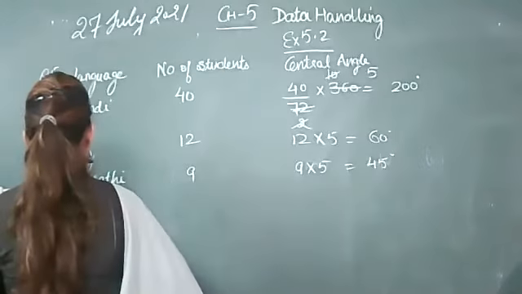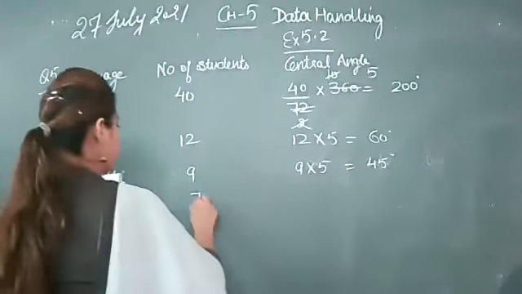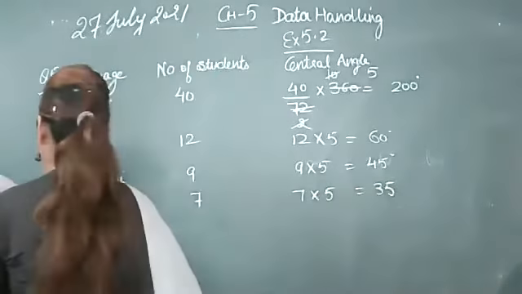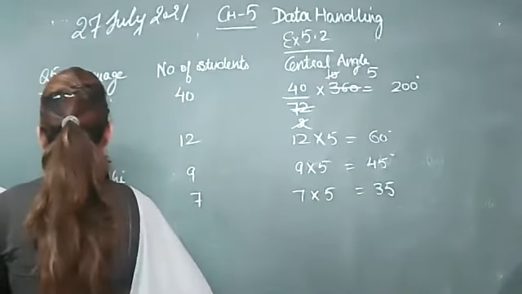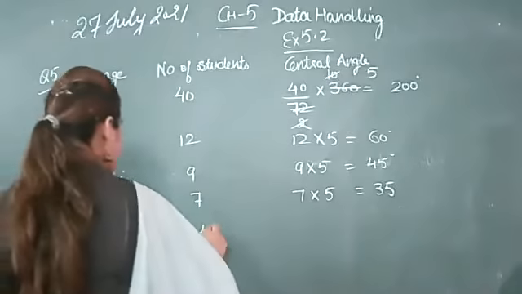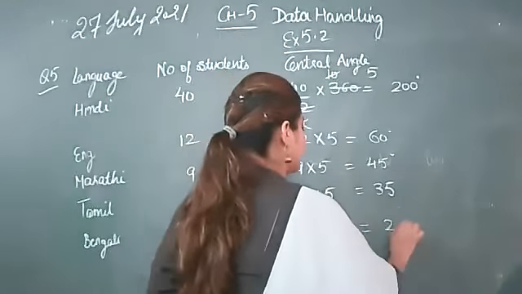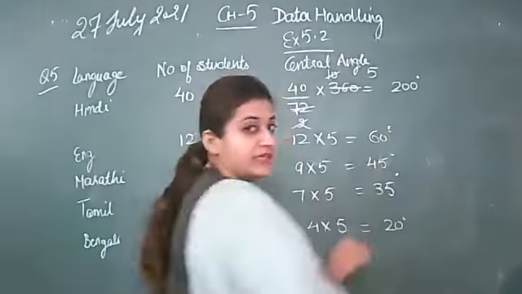Next is Tamil, that is 7. 7 into 5, 35. Next is your Bengali. Bengali is 4 students. 4 into 5, 20 degree. So all these are in degree.